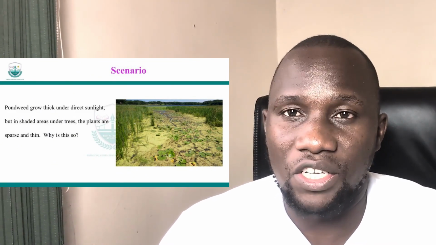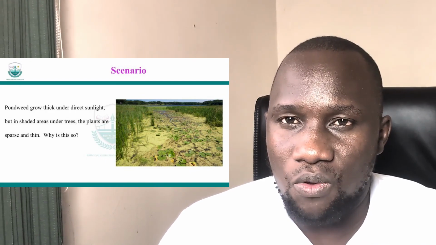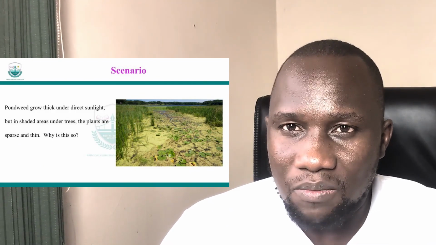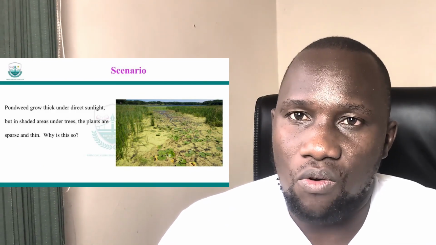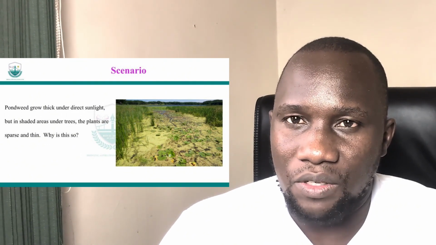They don't have any shade, so the sunlight comes directly to them. You notice a difference, okay? And that difference is explained in terms of the light intensity that these aquatic plants receive.